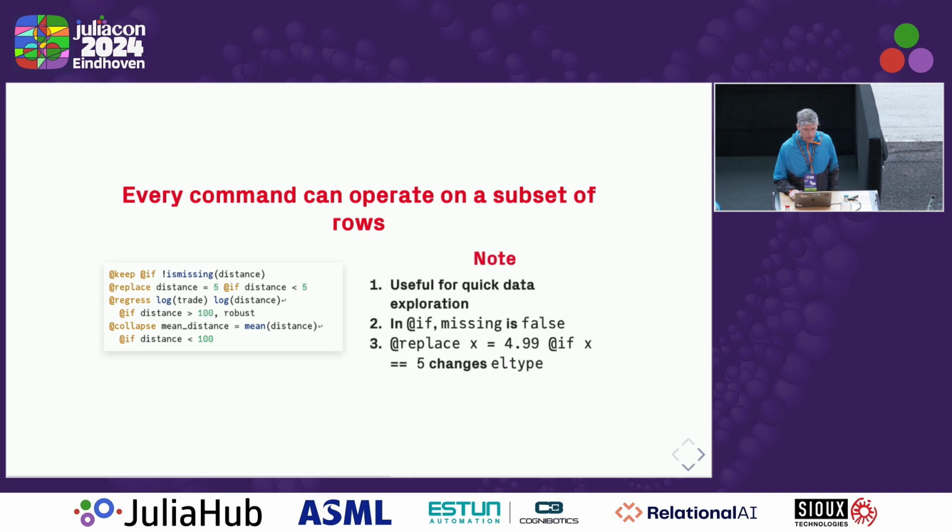This is super useful if you're trying to get something done very quickly. There are a bunch of strange behaviors that we had to think about how to deal with. Missing value treatment, I'll get to that in a little bit. And also type conversion, we're working on it.